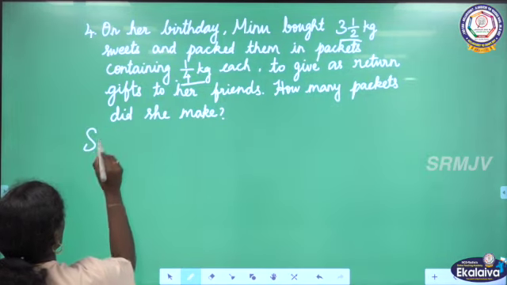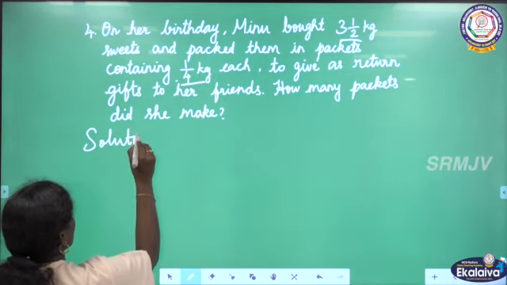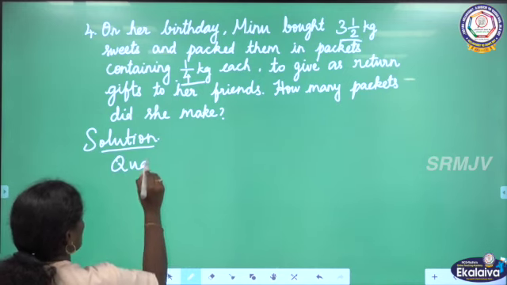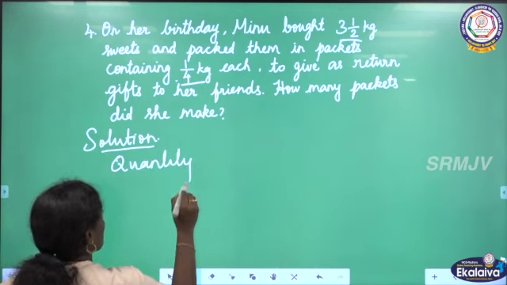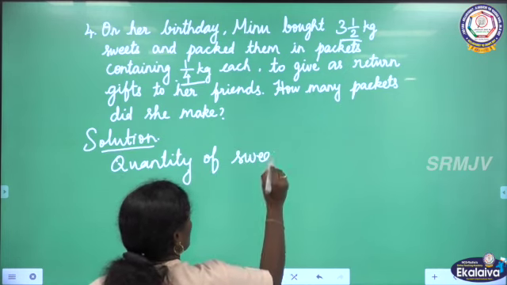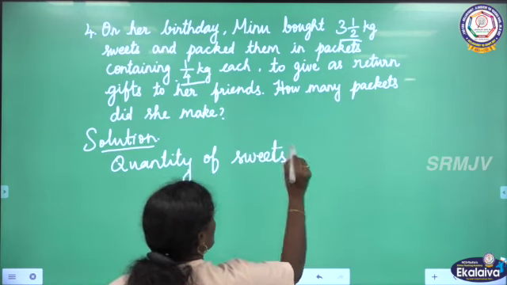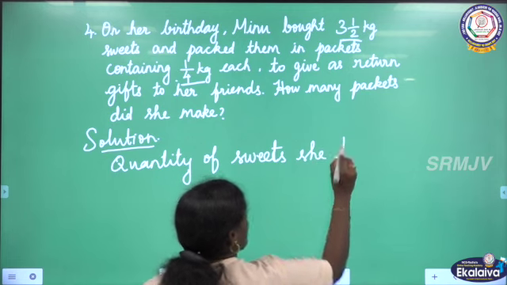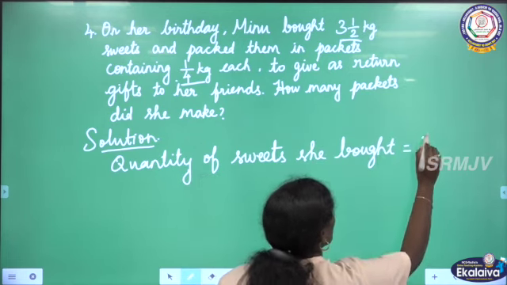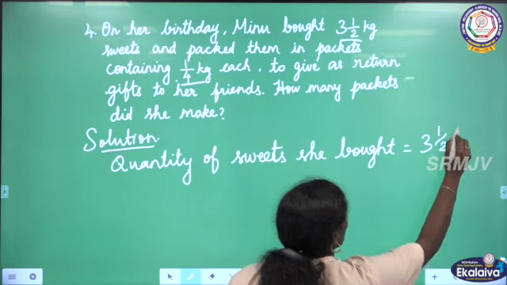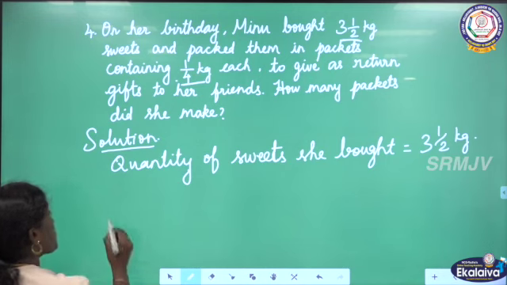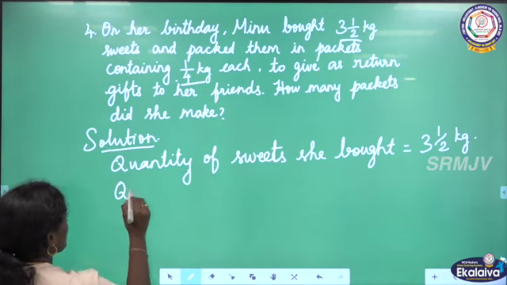Okay. So, solution. Quantity of sweets she bought is equal to 3 1 by 2 kg.